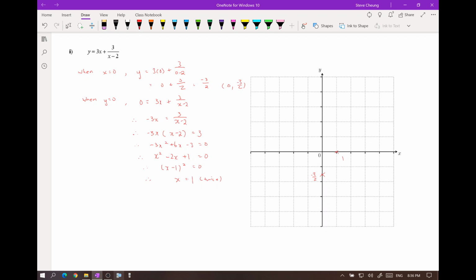Let me just label the x-intercept, the y-intercept. Oh, sorry, horizontal asymptote. Where is it? Still set the denominator to 0. So this will be a vertical asymptote. Now, where is the horizontal asymptote? Well, we don't have a rational function just by itself, right? We have something plus something else.